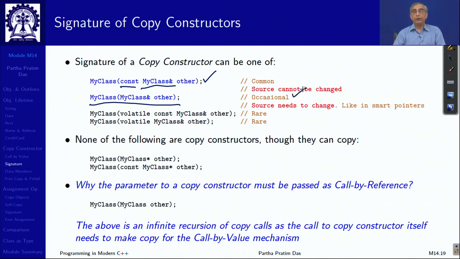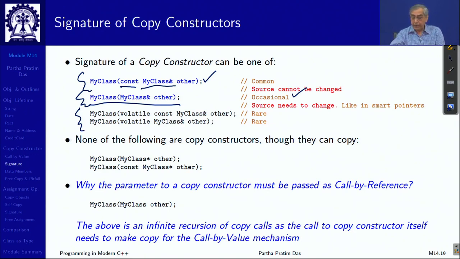I will talk about this in more detail when I talk about smart pointers and how they use this, and we will come back to that in C++ 11 when we talk about the move semantics, which is specifically supported. So, 99.9% of copy constructors are like this, some are like this, and very rarely you may use other qualifiers like volatile and all that.